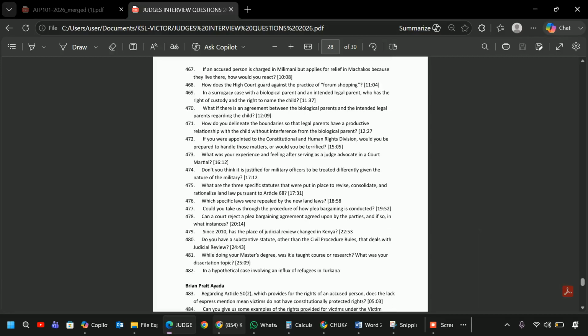So there is a shift from the narrow common law Order 53 of the Law Reform Act, where it is now grounded in Article 47 and the Fair Administrative Action Act, with broader remedies and increasingly proportionality, while still retaining the core focus on legality, rationality, and procedural fairness rather than merits. Okay, so it has now taken a core focus on legality, rationality, and procedural fairness rather than merits.